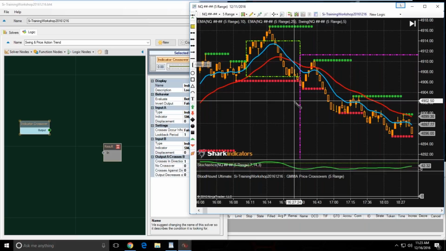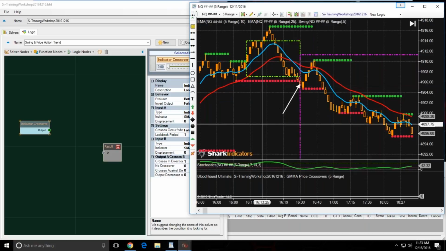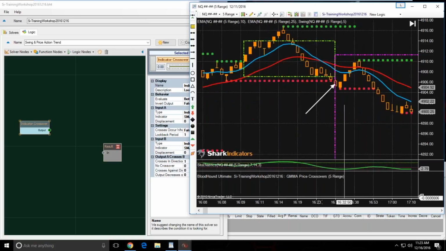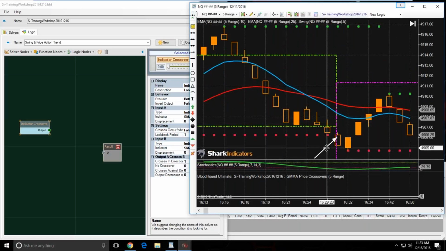And I'm going to look for these crossover points there. So let's zoom out. There we go. So we're looking for price to cross the swing indicator. Right? Let's redraw this here.